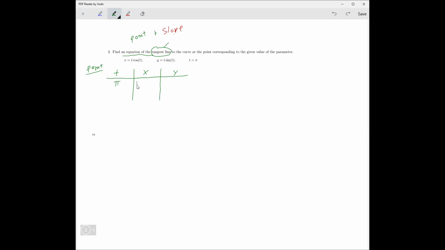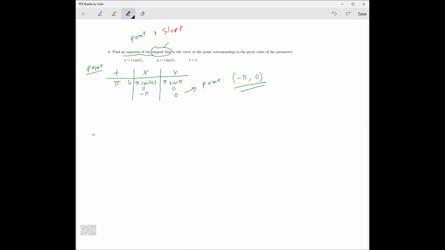So x will be pi cosine pi. Now cosine pi is negative 1, so that's going to be negative pi. And then y will be pi sine pi. Sine pi is 0, so that's going to be 0. So your point is going to be negative pi, 0. Okay, that's going to be your point.